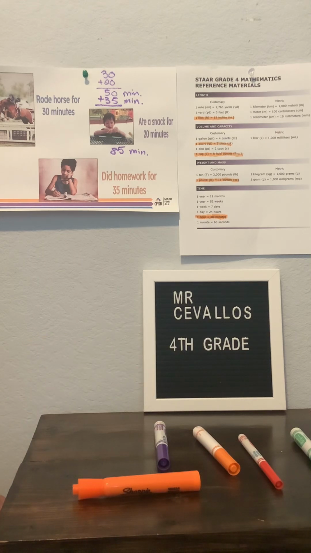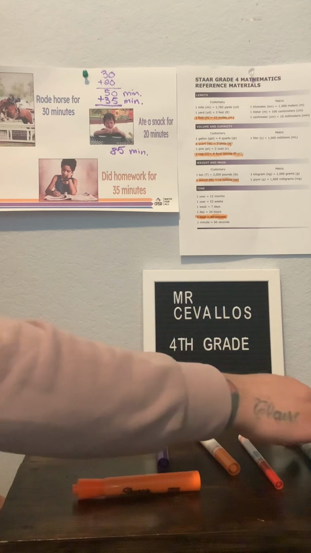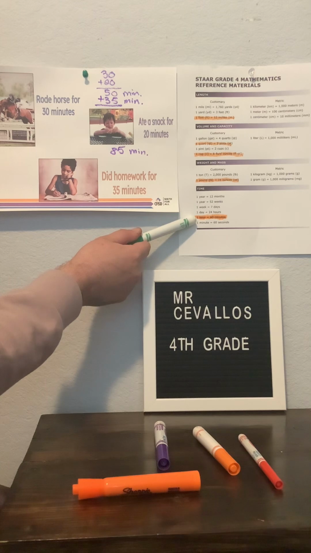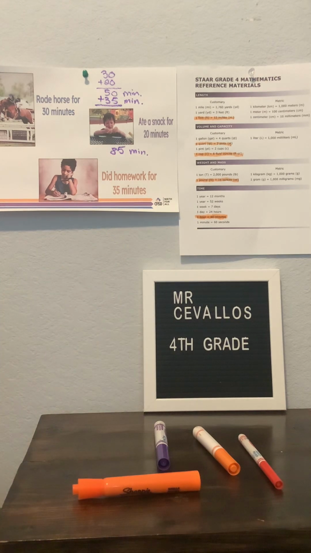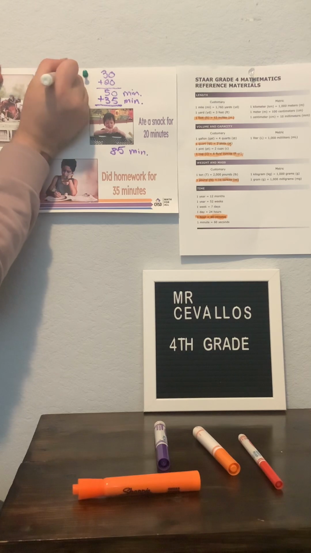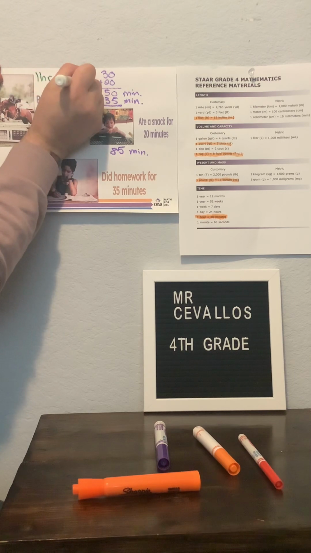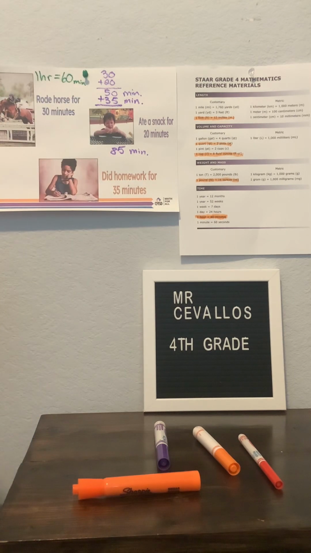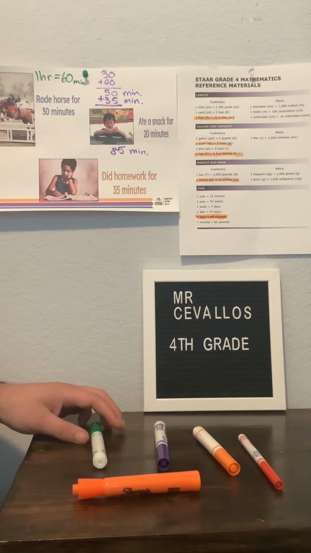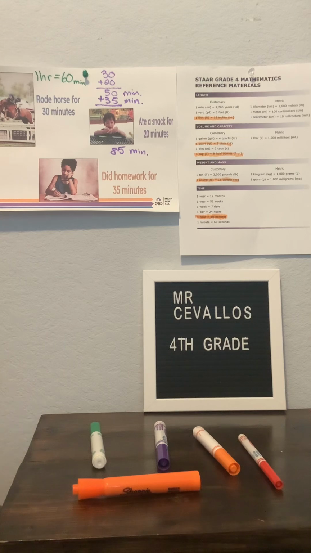Well, we have a relationship between hours and minutes. Our star chart says that 1 hour equals 60 minutes. And so I'm going to get that 85 minutes, and I'm going to do something called decompose.